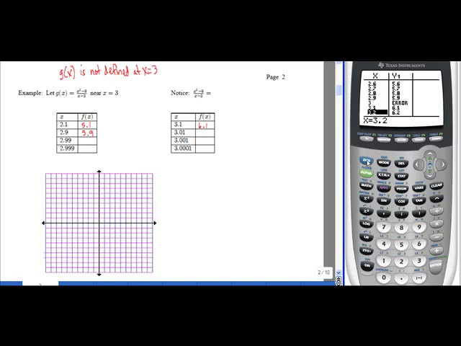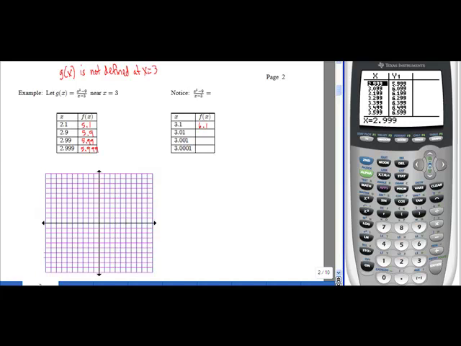So I'm going to change my table set here to be at 2.99. And I'm going to go to second table, and this would be 5.99. And if I change my table set to be at 2.999, then this is going to be 5.999.